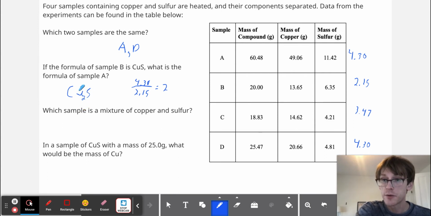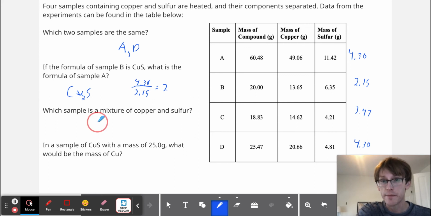I have 2 coppers and 1 sulfur in sample A. In sample B, I have just 1 copper and 1 sulfur. And remember that samples A and D are the same. So samples A and D are both Cu2S. Sample B is CuS.